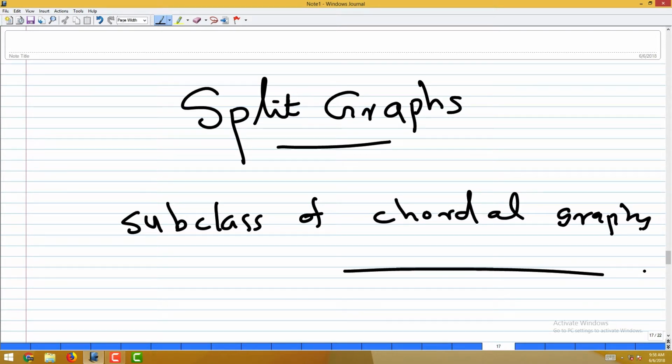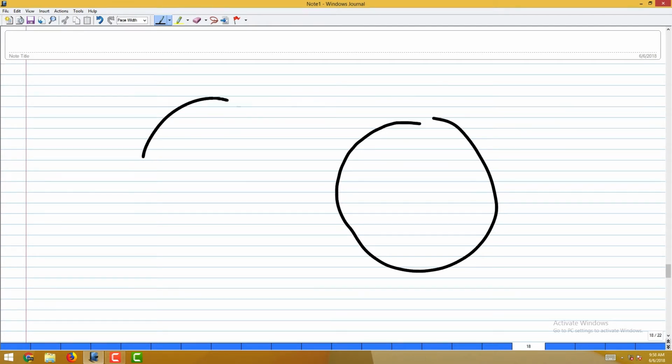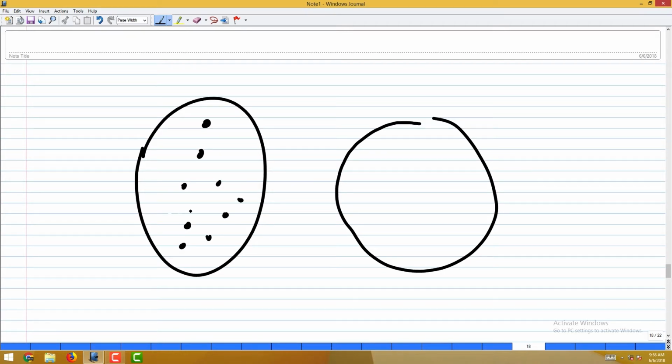If it is a subclass of chordal graphs, then it is a perfect graph anyway. So, how does a split graph look? It can be split into an independent set and a clique, that is the split graph. That means the vertex set can be partitioned into two groups. One will be an independent set, how many vertices is unimportant, and the other will be a clique.